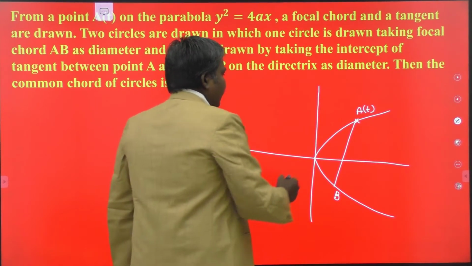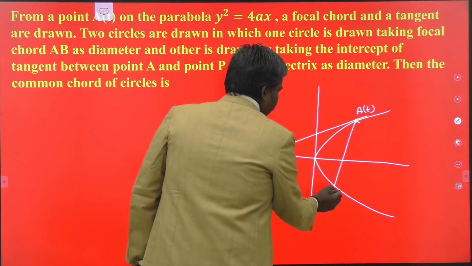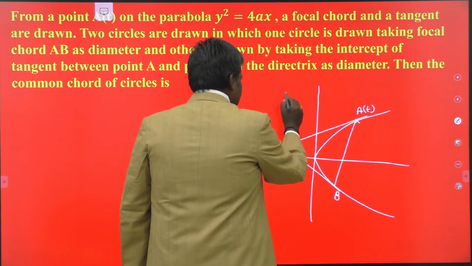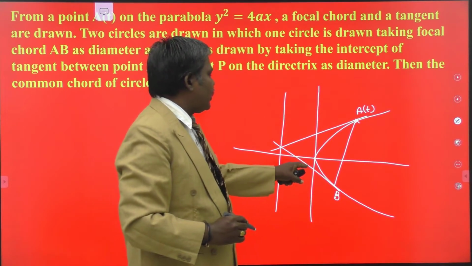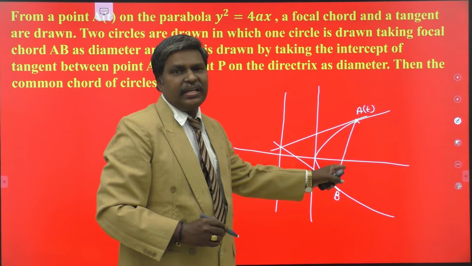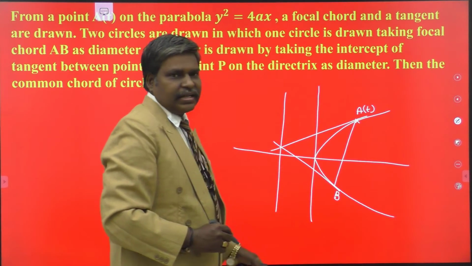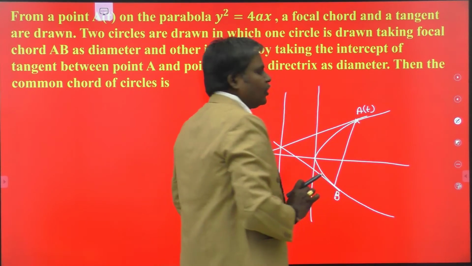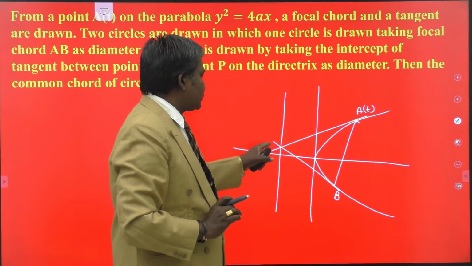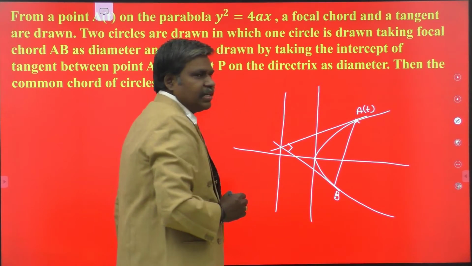Now if you draw the tangents at A and B to this parabola, immediately they intersect on the directrix. We have the property: the locus of the point of intersection of tangents drawn at the extremities of a focal chord is the directrix. We mean if we draw the tangents at the extremities of a focal chord of the parabola, they intersect on the directrix at an angle of 90 degrees. So the angle is 90 degrees here.